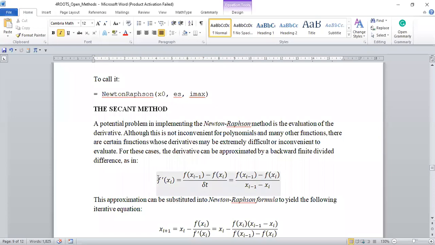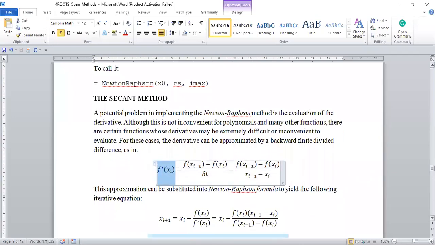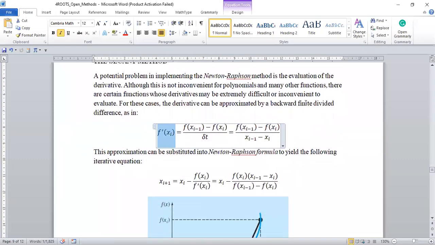And the way in which you calculate the first derivative is that you're going to use the backward difference. So remember in the second lecture, I think, we did numerical differentiation. For numerical differentiation, we did the forward difference or the first finite difference, then the backward difference, then the centered difference.